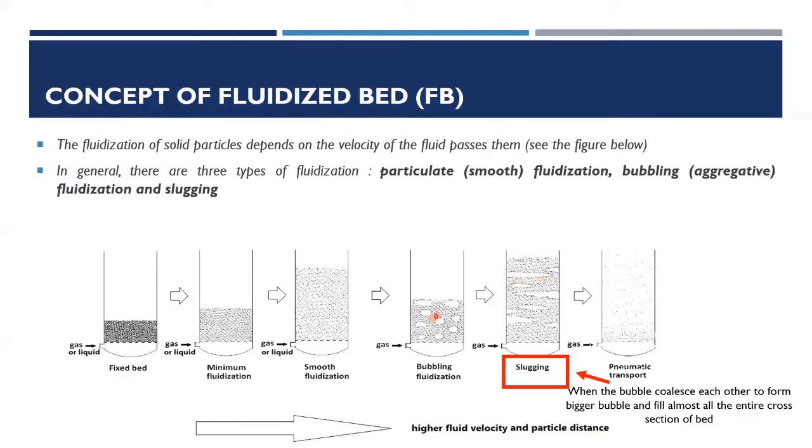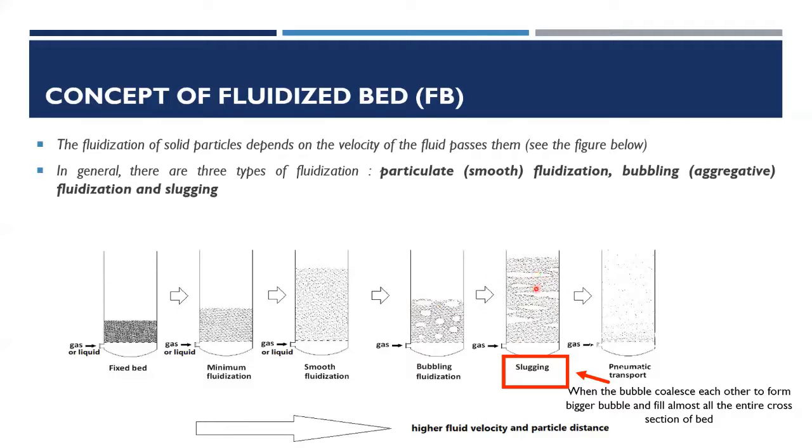So as you can see here, the bubble here and the bubble here, which one has a larger size? This one. As you can see, it has a bigger bubble, and it is filling almost the entire cross-sectional area of the bed.